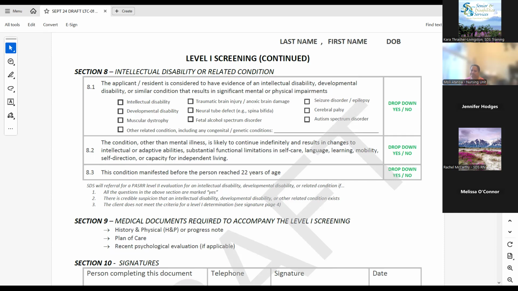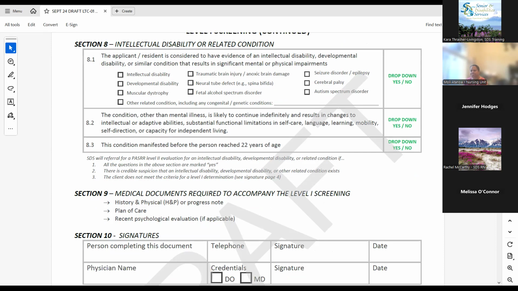Okay. So the responsibility on the receiving facility is not necessarily the information, we're just making sure it's completed in its entirety. Correct.